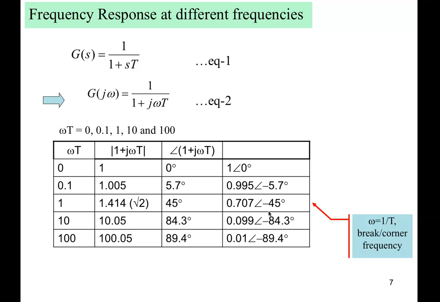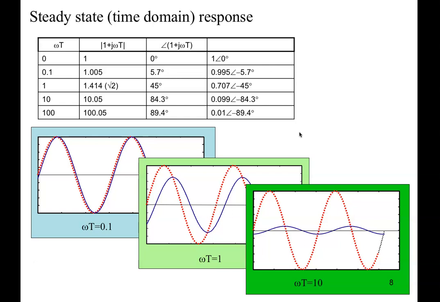If I look at them graphically to see what these all mean for different frequencies, I have set up the next one to show you. I have 3 responses here. The first one is when the frequency is 0.1. The red dotted line is my input, and the blue line is the steady state output of the system. The input is obviously a sine wave, and the output is also a sine wave.